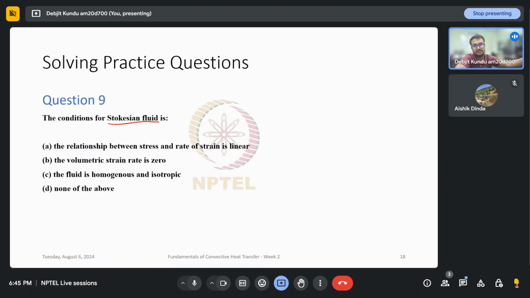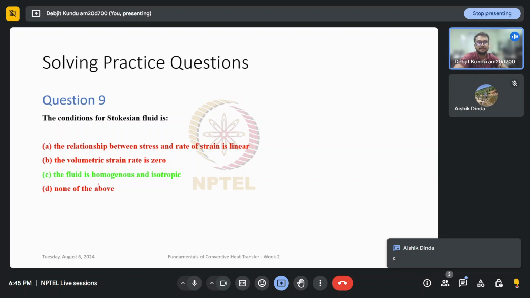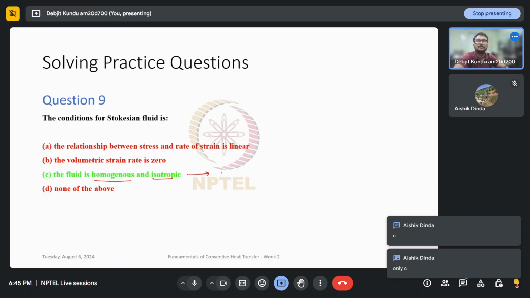Which one is the condition for a Stokesian fluid? A and C. Okay, so that's not an option. We'll take a look at the solution. It's actually only C. The fluid just has to be homogeneous and isotropic in order to be called Stokesian.